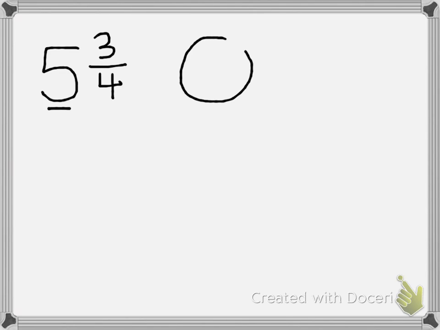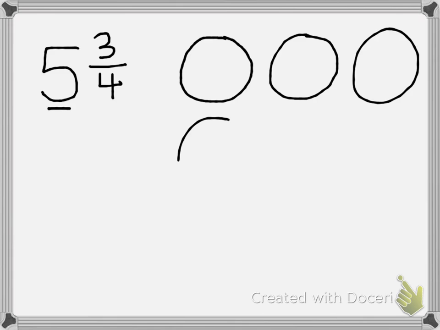So 5 models. 1, 2, 3, 4, 5. And now I'm going to do step 2, which is to draw the model to represent the fraction. The fraction is 3/4.